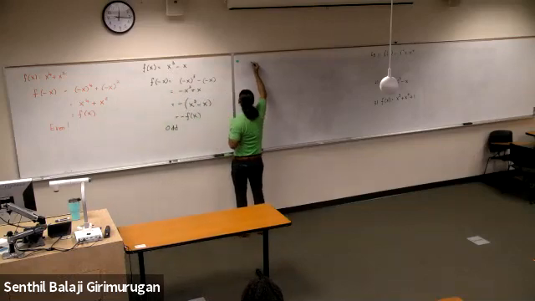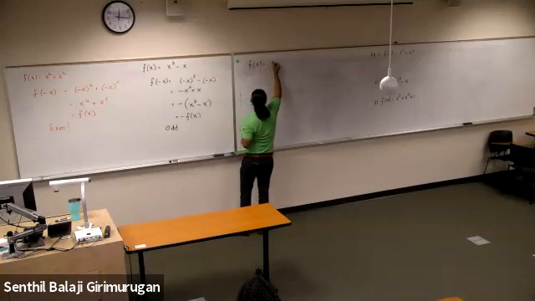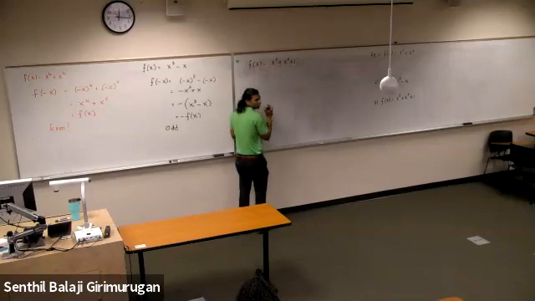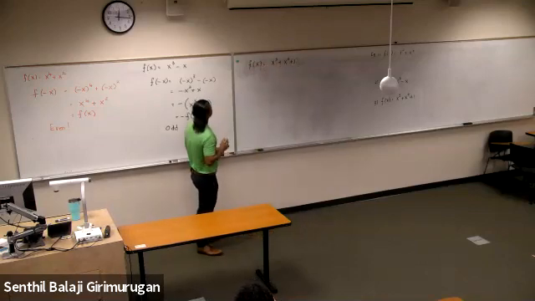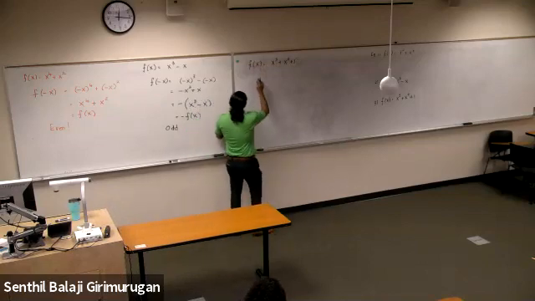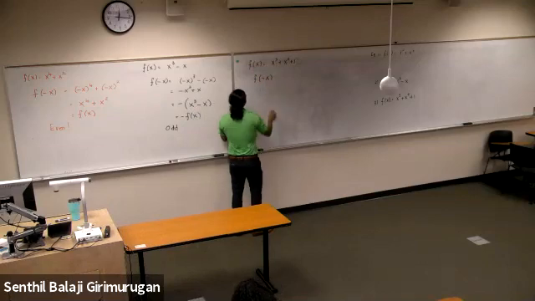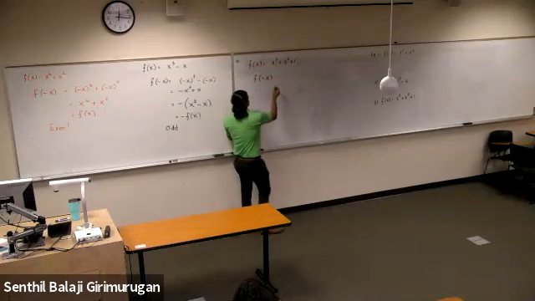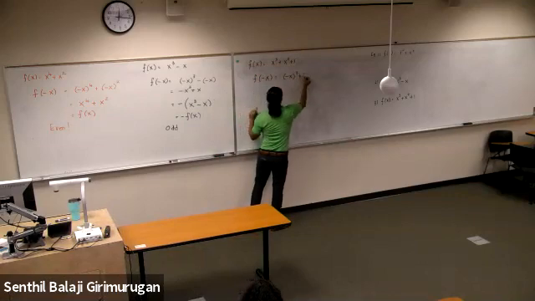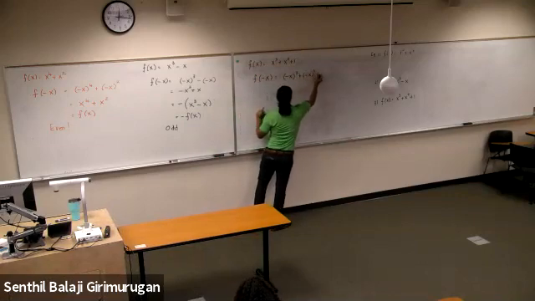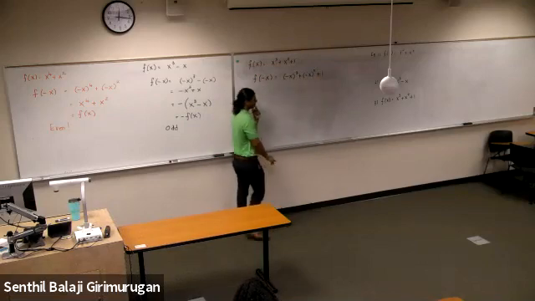Last one. I was so tempted to write this as 1 plus x squared, but I didn't. So we have to write it. We have to change x to negative x. Negative x cubed plus negative x squared plus 1.